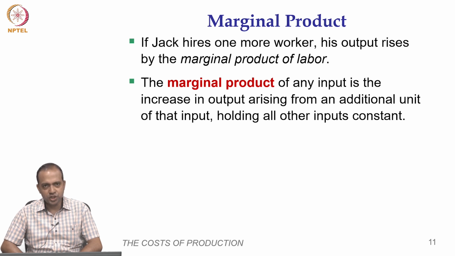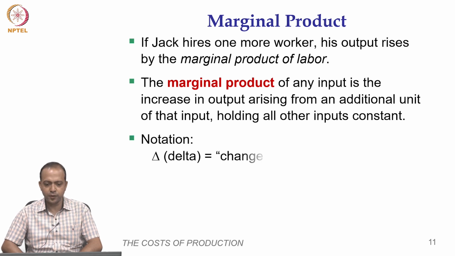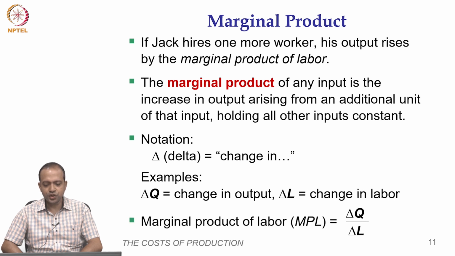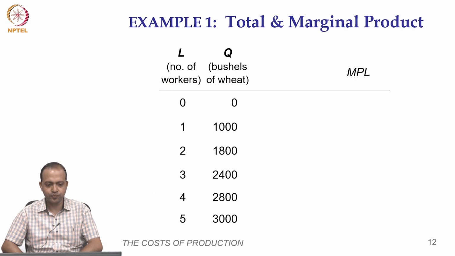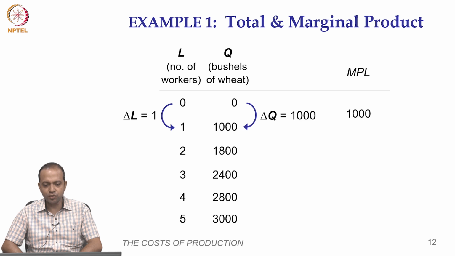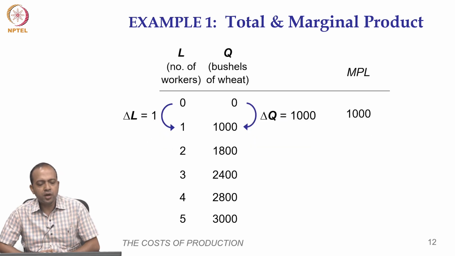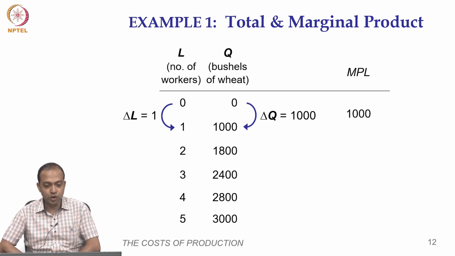So, this is how marginal product is defined: the change in output for a 1 unit change in any of your inputs, here it is labor. So, marginal product is delta Q by delta L, as we have already defined in our previous session. Now, look at what is happening to the marginal product. Initially, when the output increases from 0 to 1000, delta Q is 1000 and delta L is 1.